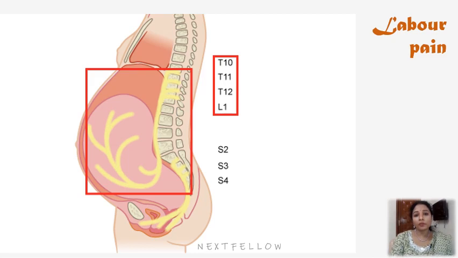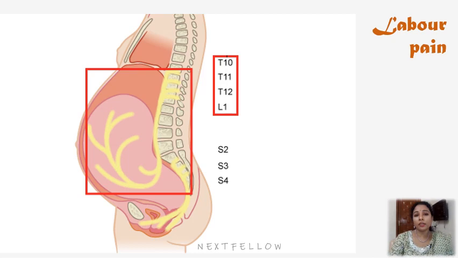Pain during the first stage of labor is initially confined to the T11 to T12 dermatomes. So if you see the dermatomal distribution, the pain of the first stage of labor is because of T11 to T12 dermatomes, that is called the latent phase.